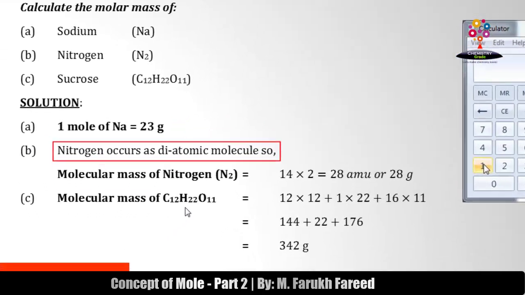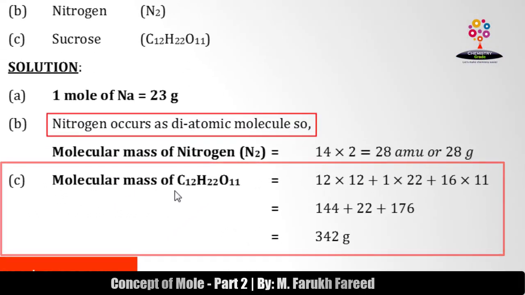In the third case, when we calculate the molecular mass of sucrose, C12H22O11, the 12, 22 and 11 show the multiplication factors. Carbon has atomic weight 12, so 12 into 12, and hydrogen has atomic weight 1 and it will be multiplied by 22 as shown in the subscript, and oxygen has atomic weight 16 and it will be multiplied with 11.